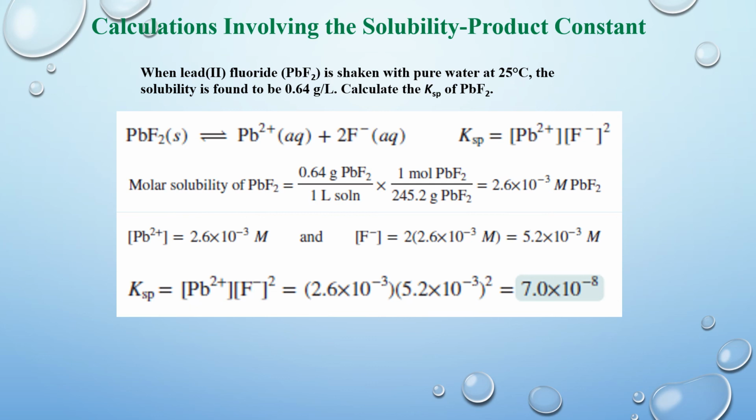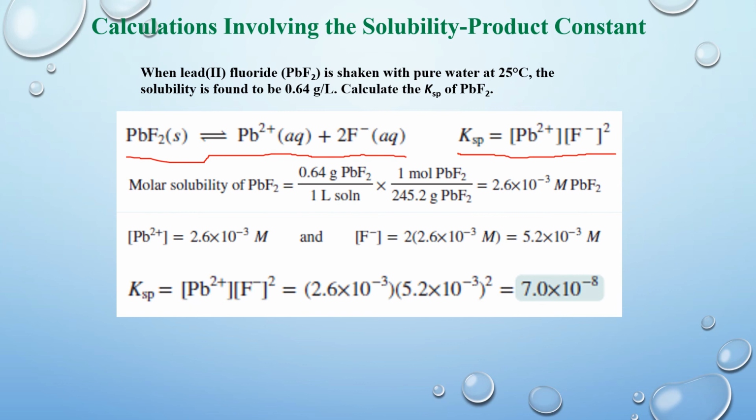So first, let's list out the equation. We have the ionic compound dissolving into the metal cation and the anions. To calculate Ksp, we need to know the concentration of both lead 2 plus and fluoride. So where do this cation and anion come from? They come from the dissolution of the soluble portion of this solid.